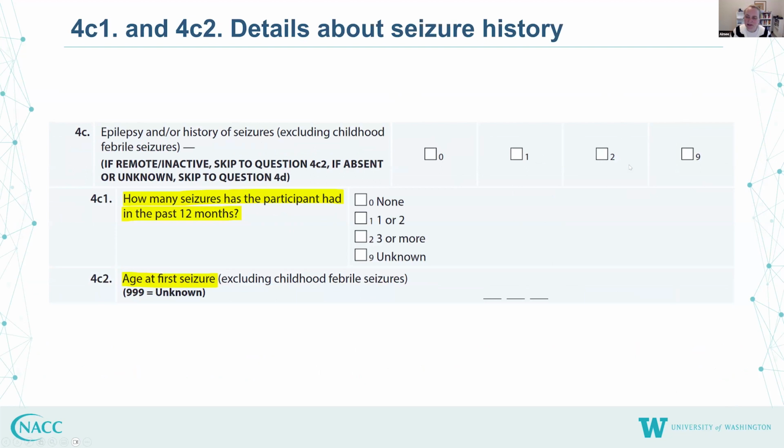Previously we left it at that, but we've added two questions which are getting at seizure control. 4C1: how many seizures has the participant had in the past 12 months? And here are the choices. And 4C2: the age at first seizure, excluding childhood febrile seizures. This is to get at the chronicity of the seizures.